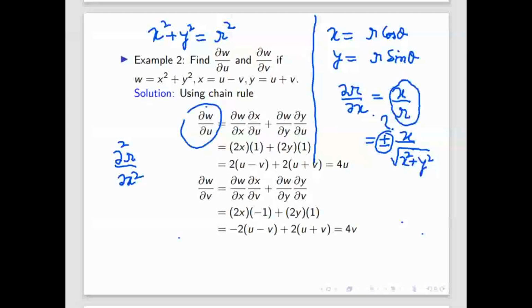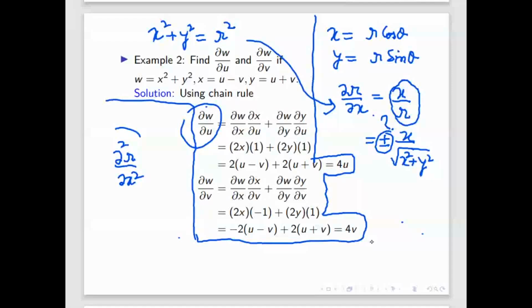Can anyone tell how this x by r will come? r is root of x squared plus y squared, and taking the partial derivative with respect to x, putting x squared plus y squared equal to r squared. So can we do the same thing by chain rule?